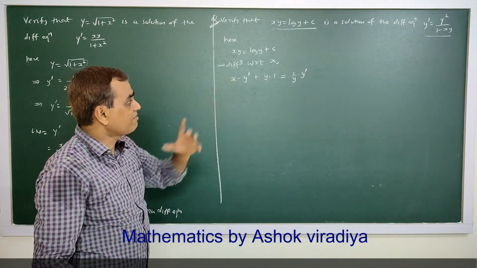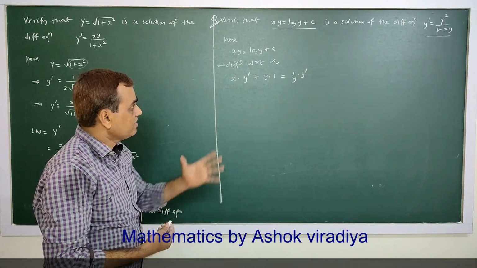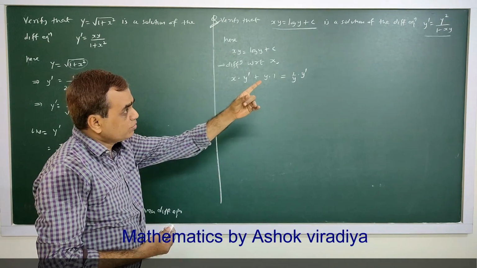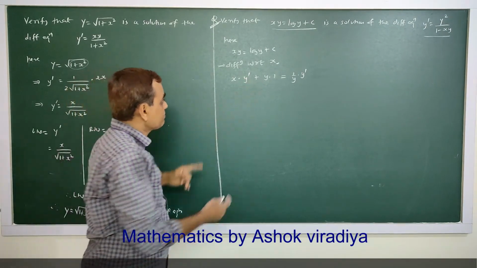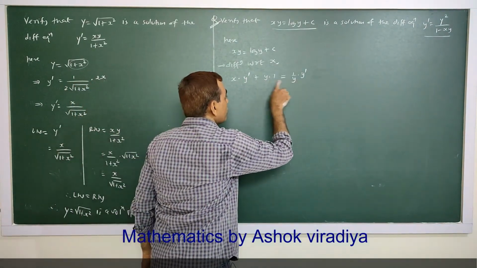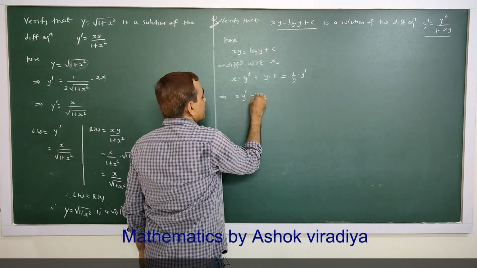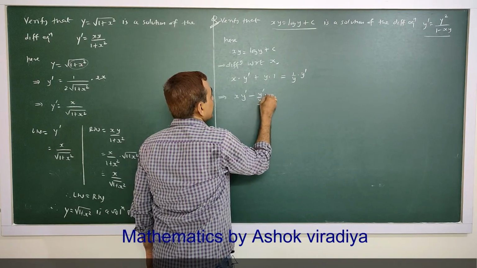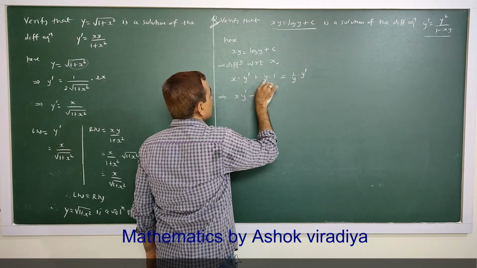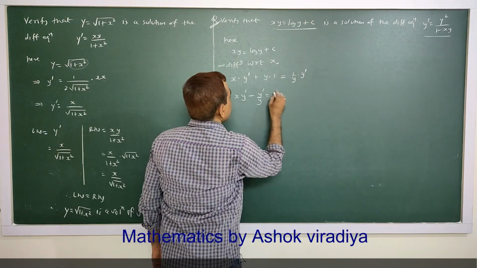Now we want to prove LHS equal to RHS. From this equation I am going to get the value of y dash. See, x into y dash minus y dash upon y equal to minus y, taking this term to that side.